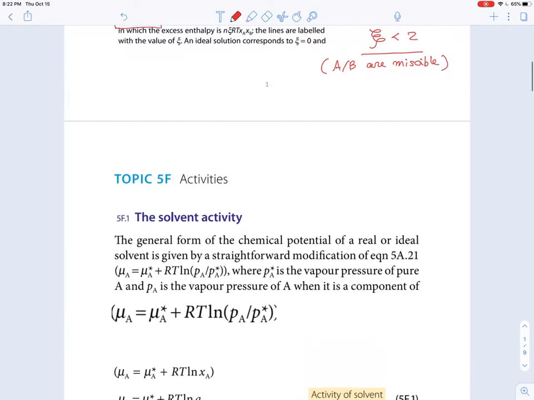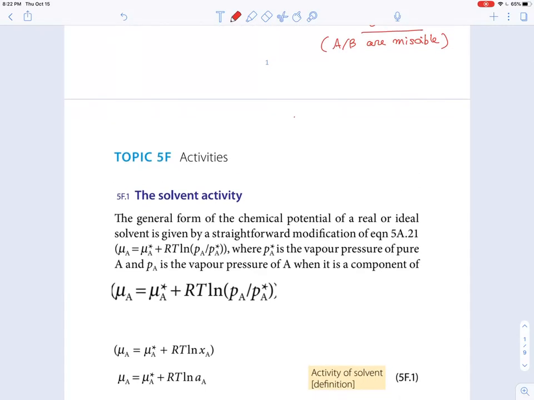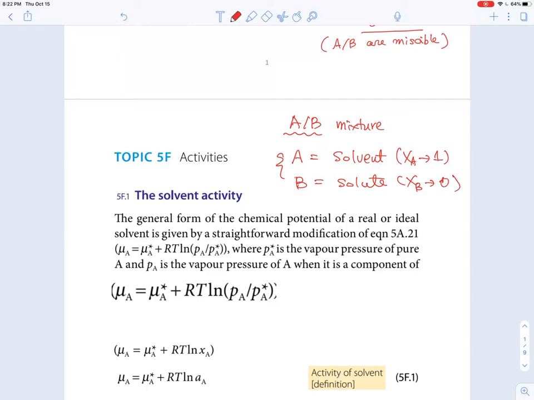So once again, this one is on A and B mixtures. Throughout, A usually represents the solvent, which means the mole fraction of A is close to 1. That's the majority. And so in A and B binary mixtures, B is the solute. Okay, so that's the minor component. Okay, minor components.